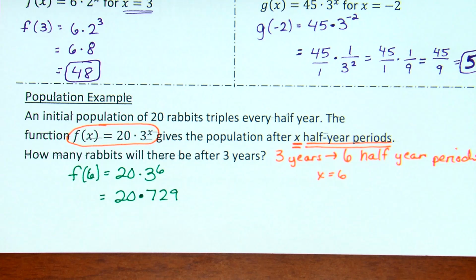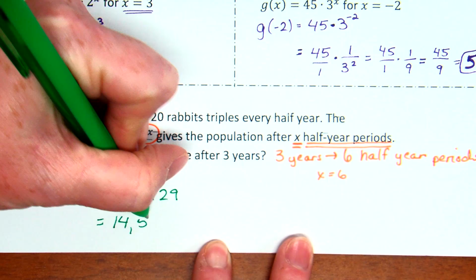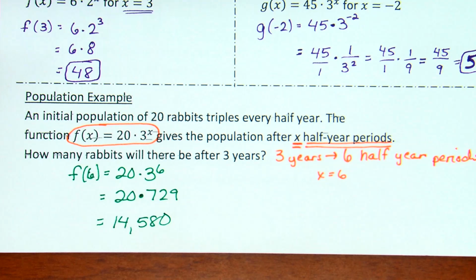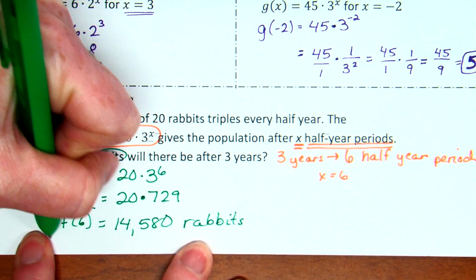Okay, and it's times 20. 729 times 20? 14,580. 14,580 what? Rabbits. Yeah, the question asked how many rabbits. So that's a lot of rabbits. And that's just after 3 years.